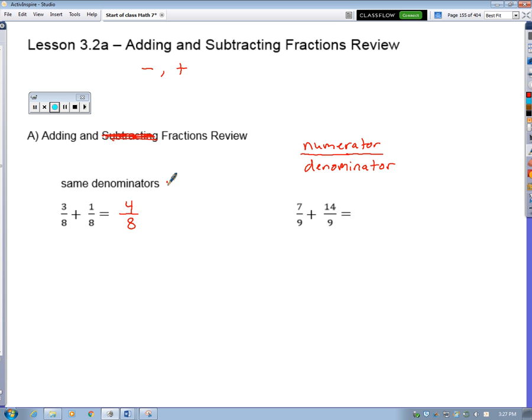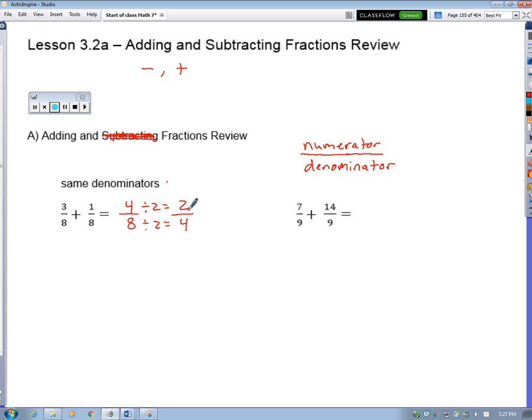Alright, so 4/8 is our answer, but when dealing with fractions, we have to simplify. We have to find a number that we can divide both 4 and 8 by, and since these numbers are both even, I know I can divide them both by 2. When I divide these both by 2, 4 divided by 2 is 2, 8 divided by 2 is 4, I went from 4/8 down to 2/4.